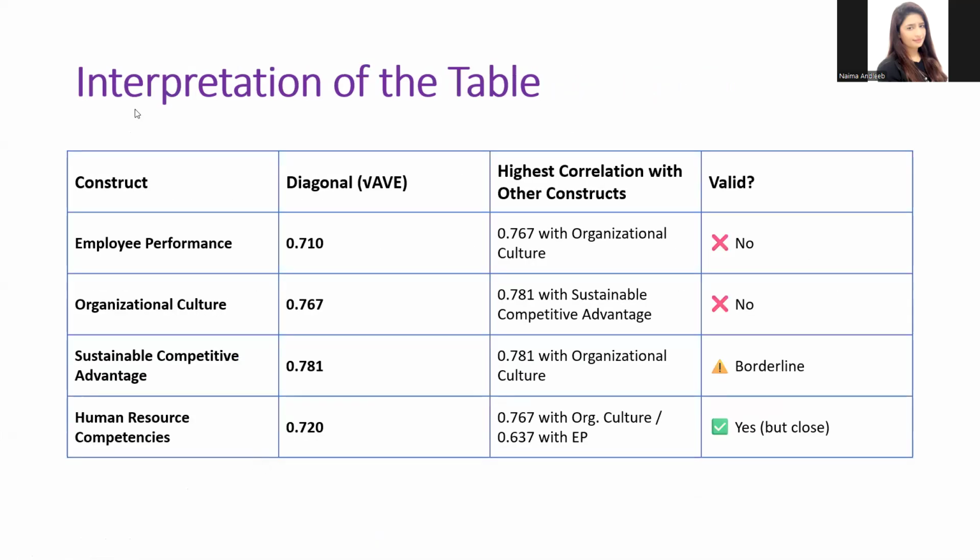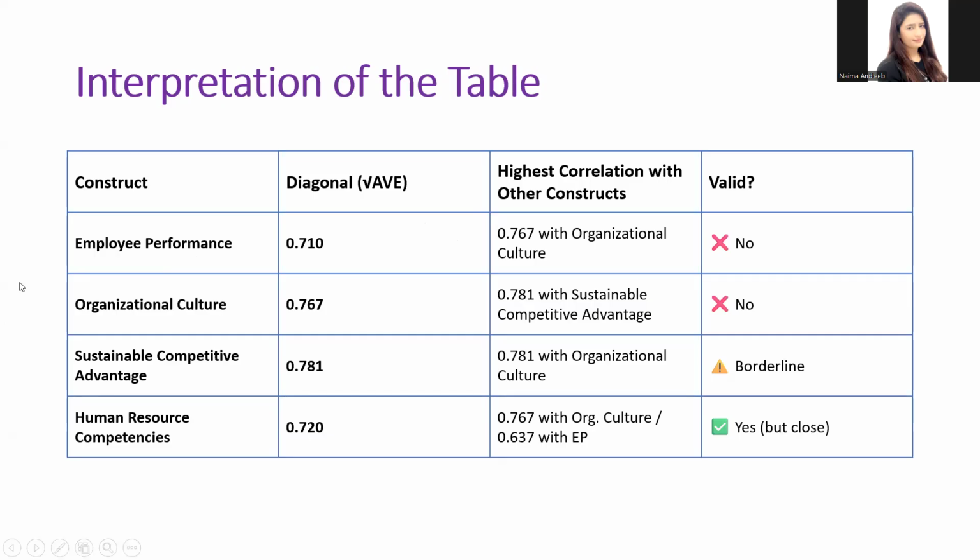I hope you can easily understand what I want to explain, and it will make your task easy to establish your discriminant validity, to see whether your model is validated or not.